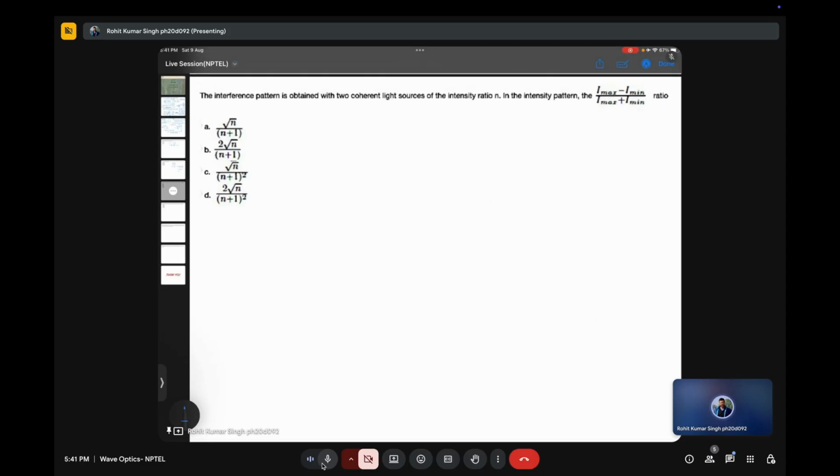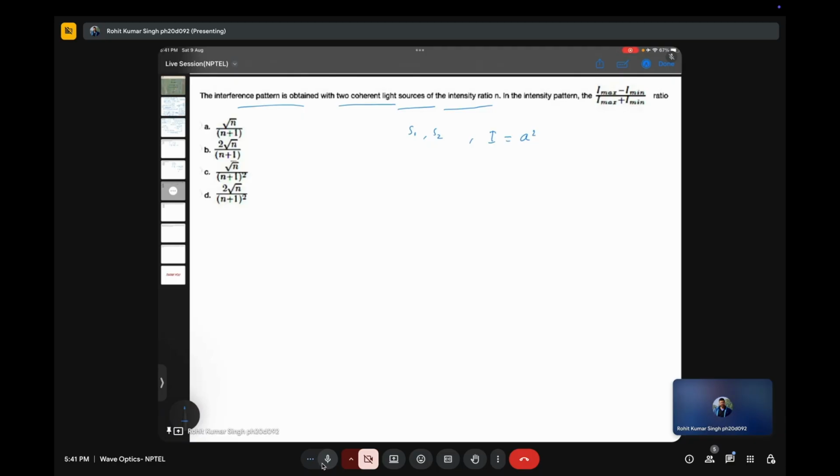Now here the problem says the interference pattern obtained with two coherent light sources of intensity ratio n. Okay, so what does it mean? There are two coherent sources, S1 and S2. Intensity is just amplitude square, right?